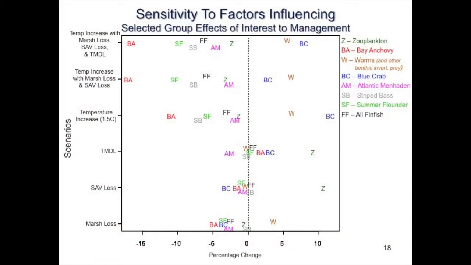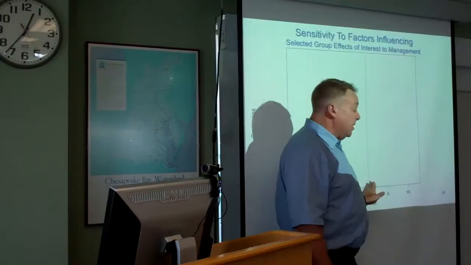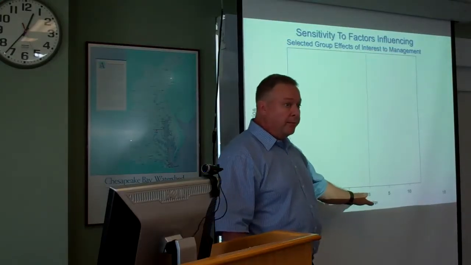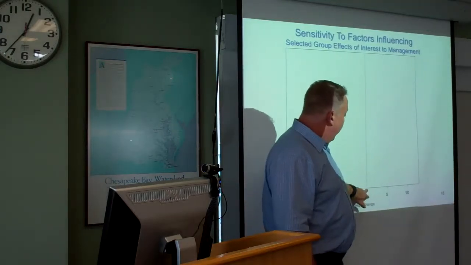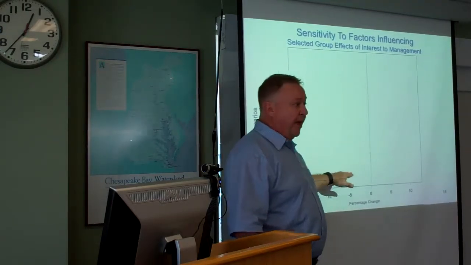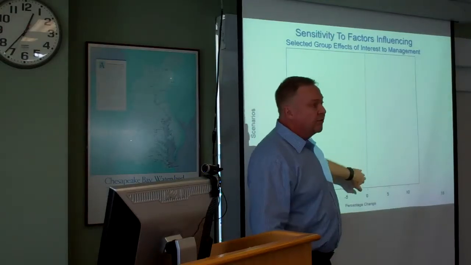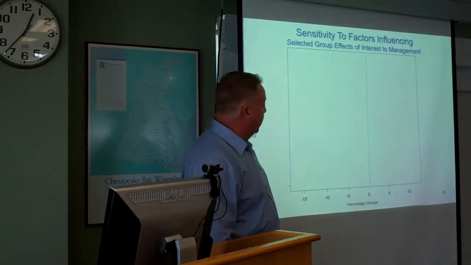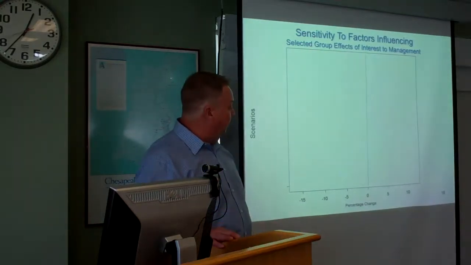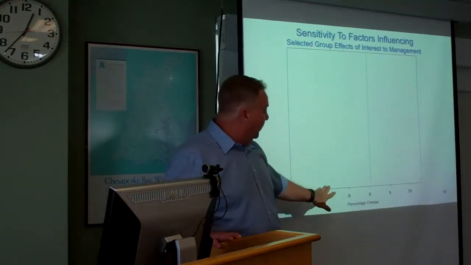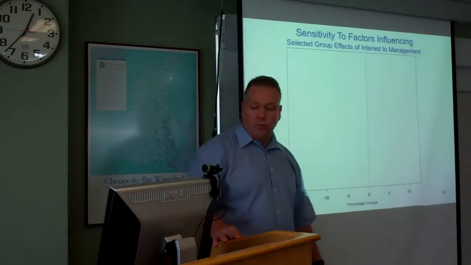I'm going to look at the results next, and what we're looking at is the status quo, or this is the 2010 nutrient loading scenario here, and everything in comparison to that. So these are our current conditions for temperature, salinity, habitat, and whatever else I mentioned.